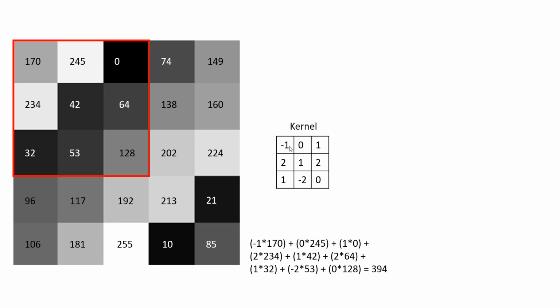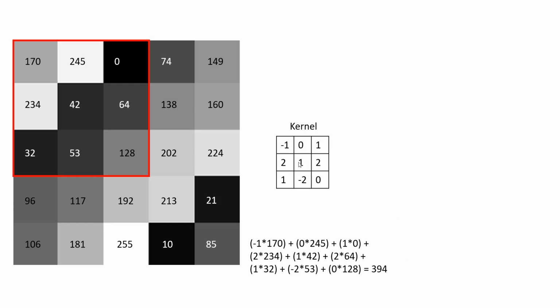This number here multiplies with this number over there, and the 2 down here multiplies with 234. You multiply all of these and add them. In this example, it results in a value of 394, which means the central pixel value of 42 will be replaced by 394.